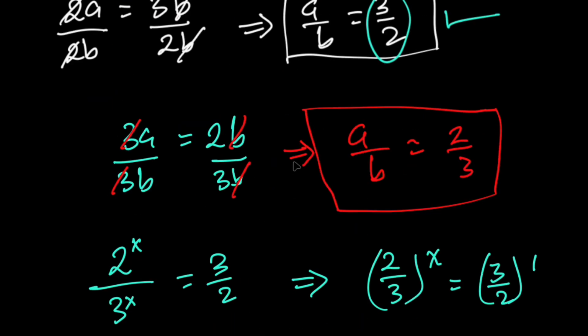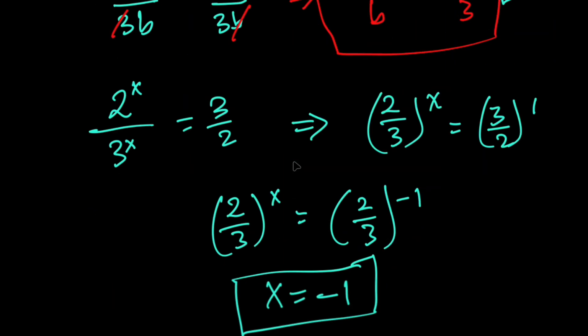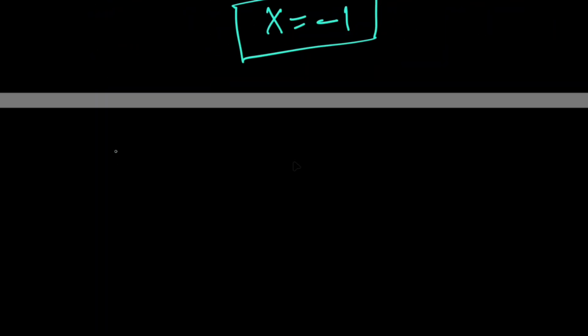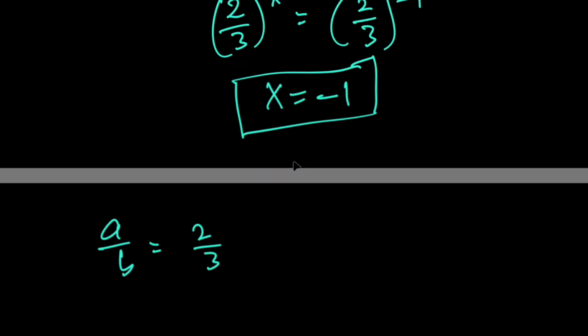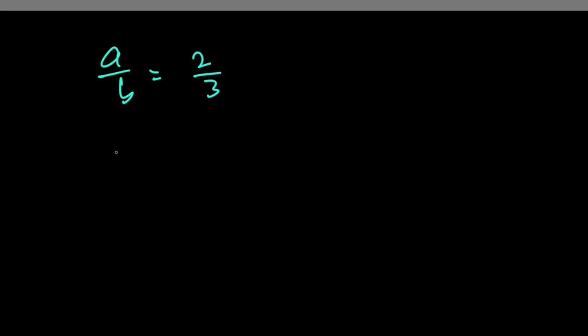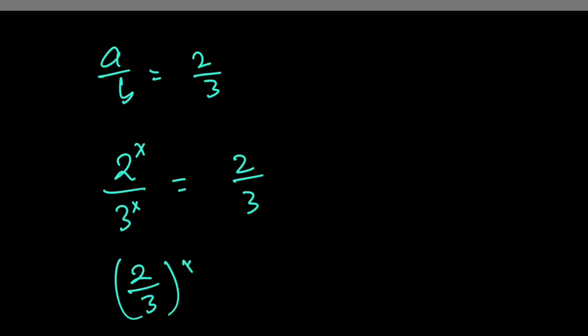Now, how about when a over b is equal to this? So when a over b is equal to 2/3, we're going to be getting a, which is 2 to the power x, over b, which is 3 to the power x, is equal to 2 over 3. And now this is also the same as 2 divided by 3, all to the power x is equal to 2 divided by 3.